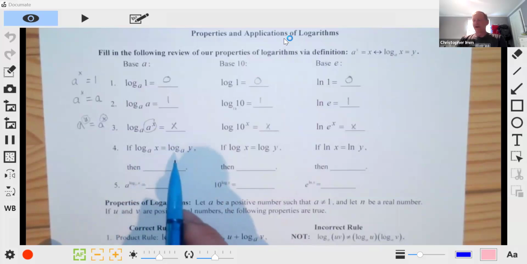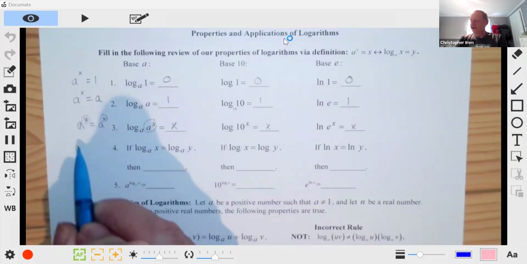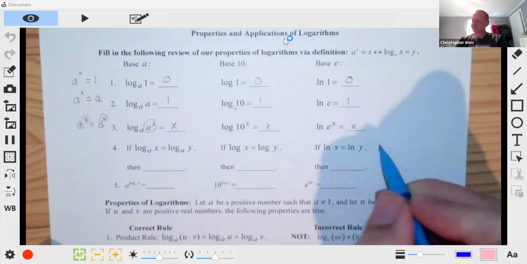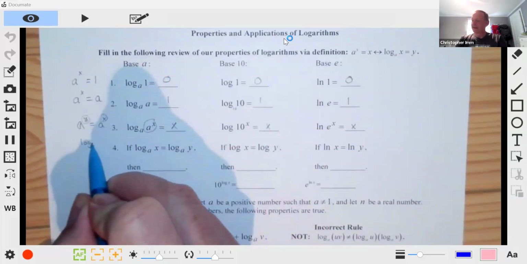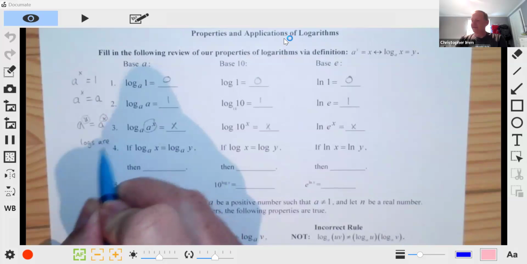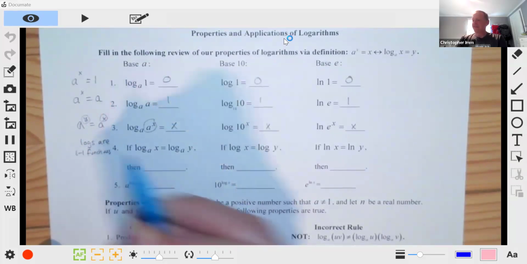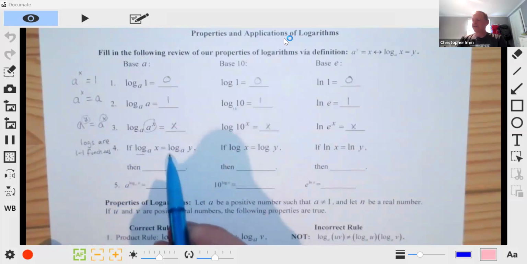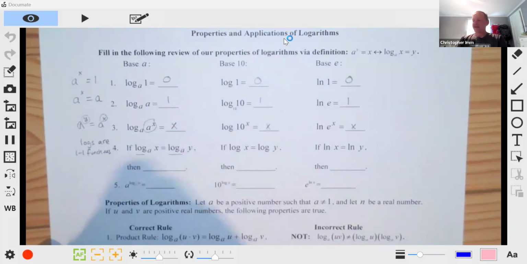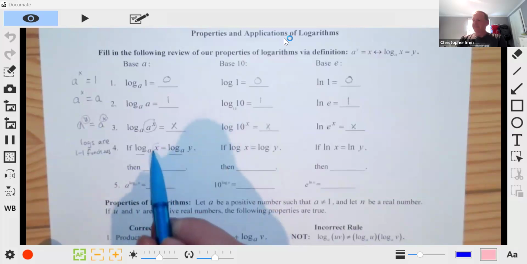Logs are also one-to-one functions. So all logs are one-to-one, which means that when we have two of the same logs equal to each other, so here's two log base a's, then their inputs are going to be equal to each other.